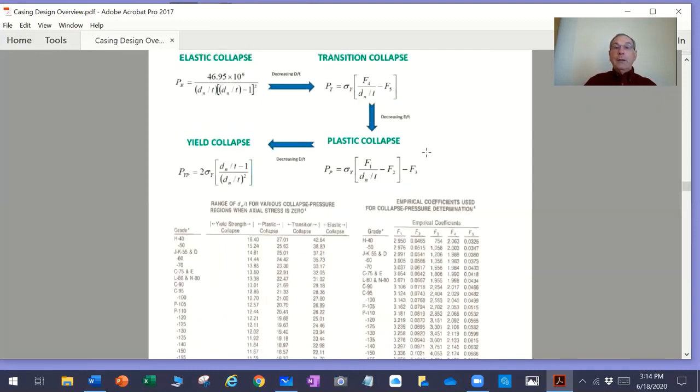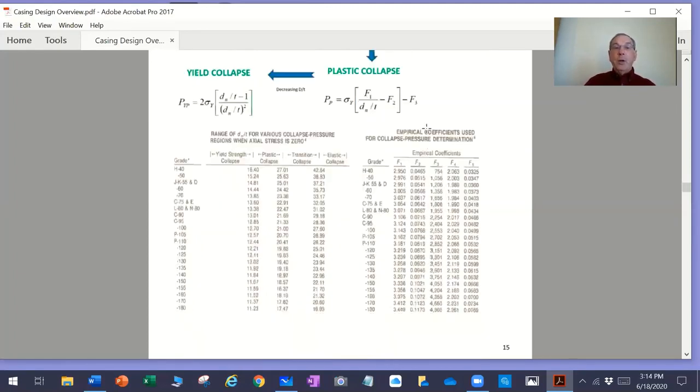You can just calculate a D over T ratio, diameter divided by the wall thickness, and then you go into this table. So let's say you went into this table for P110 casing and you happen to have a D over T ratio of, let's say, 17.